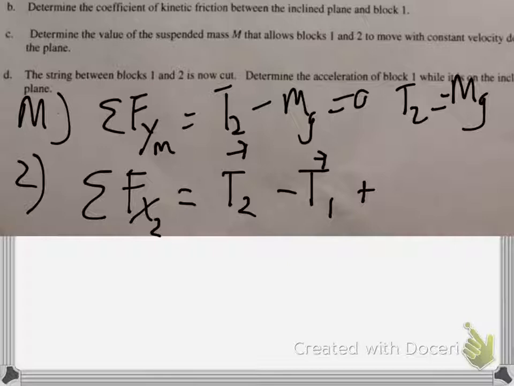And we were told that it was equal to 2F. And then we have minus M2 G sine theta. And all that's equal to 0. So holy moly, there's a lot going on in that equation.